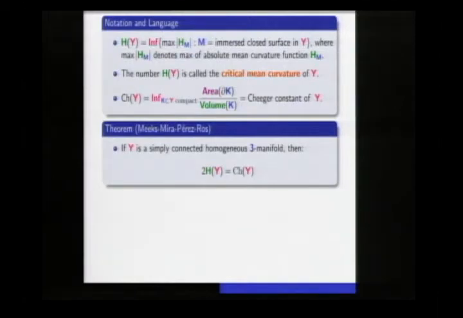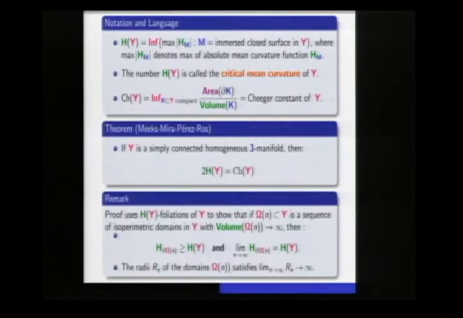For hyperbolic space, the Cheeger constant is 2, and the critical mean curvature is 1. So it's pretty easy to calculate in most cases. There's only one place that's really hard to calculate; I mean, hard to prove the theorem. But there are some interesting aspects that come up in the proof.